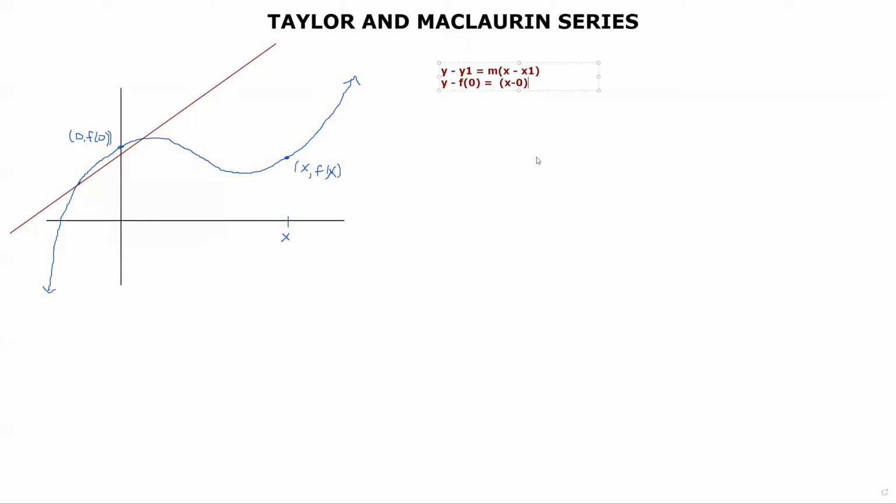And if I decide to move the f of 0 to the other side, we're going to have something like this. Or I guess I could drop the minus 0 part and just write it as f of 0 plus f prime of 0 times x. F of x, because that's what our y value is that we're looking for, right?